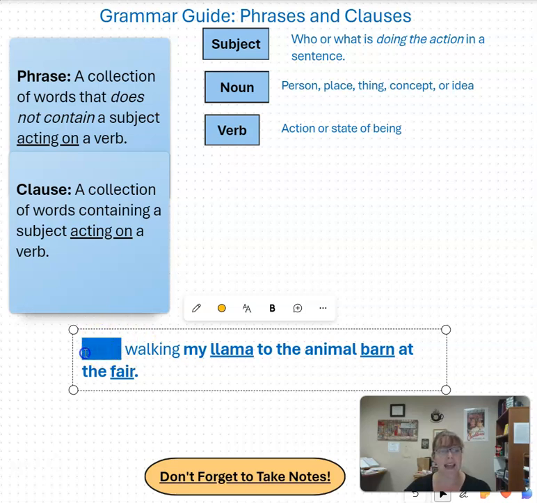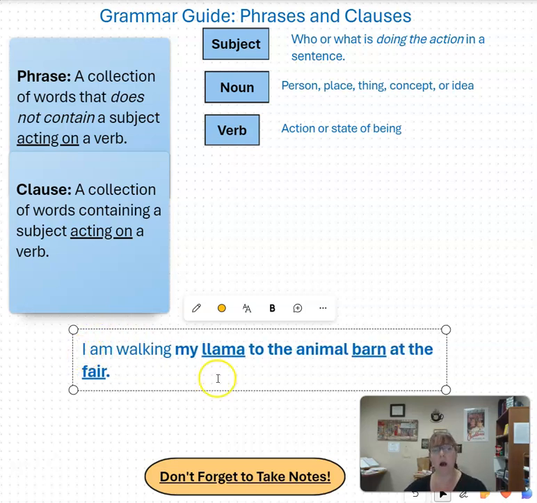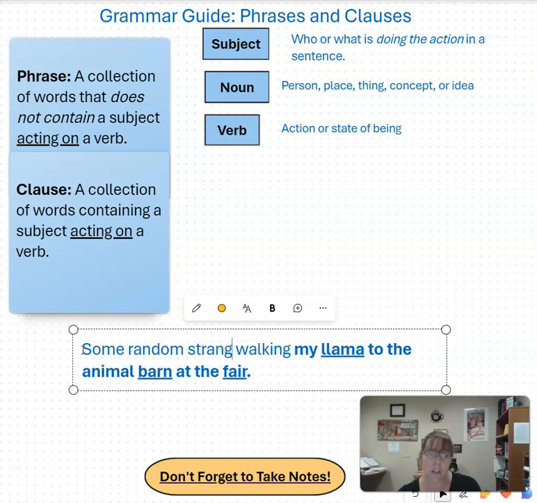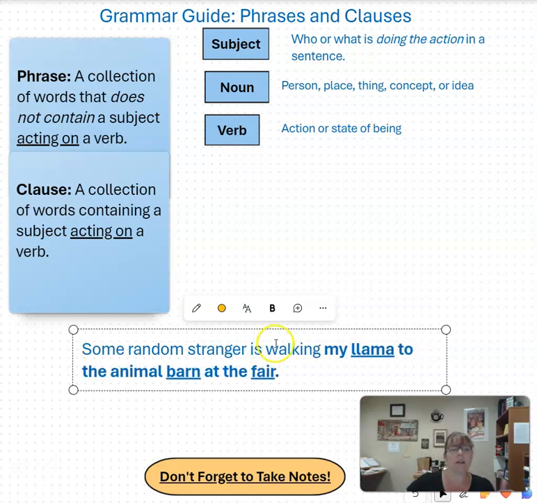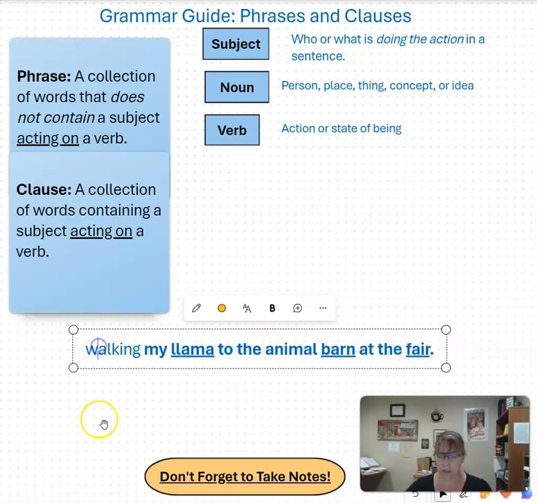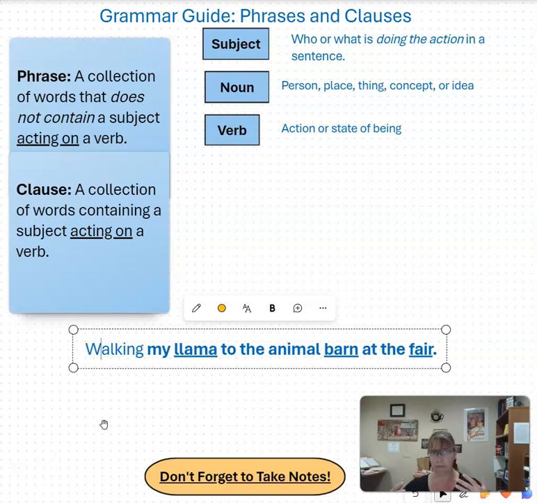Okay, I could say I am walking my llama to the animal barn at the fair. I could say some random stranger is walking my llama to the animal barn at the fair. But without this information right here, we don't know who's actually doing the action. And therefore, we have an incomplete construction. This is a phrase, not a clause.